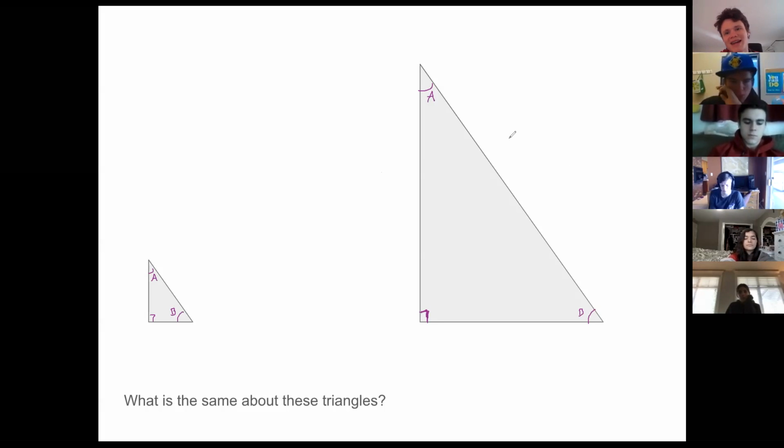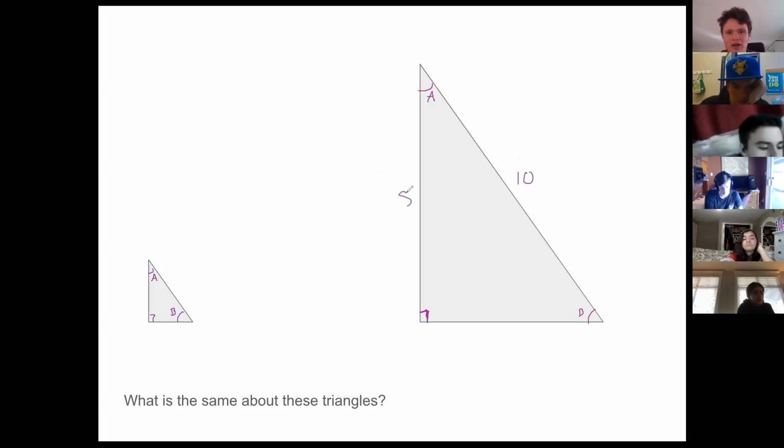Let's say that this big triangle has a length here of 10, and then maybe the length here is 8. So we have a length of 10 and a length of 8. If this smaller one over here had a length of 5, could you tell me what the length here is? 4.